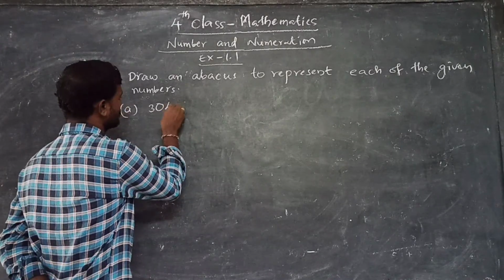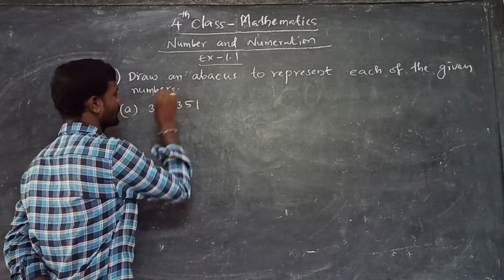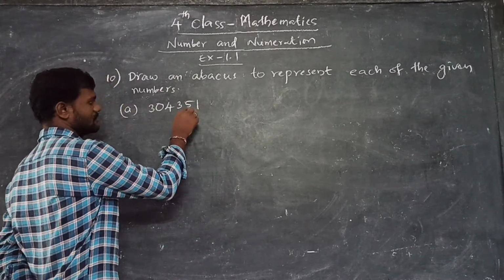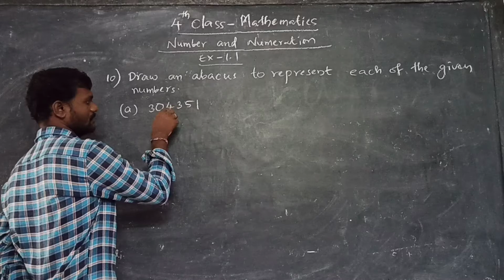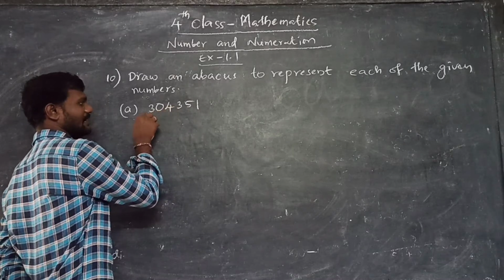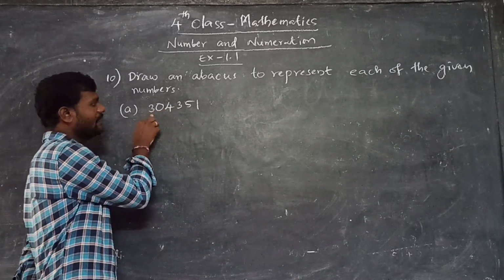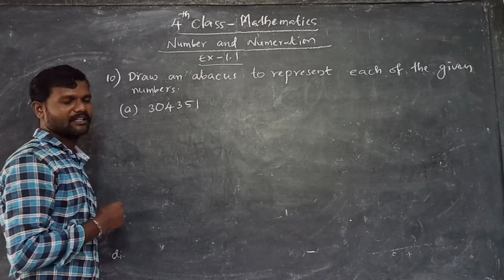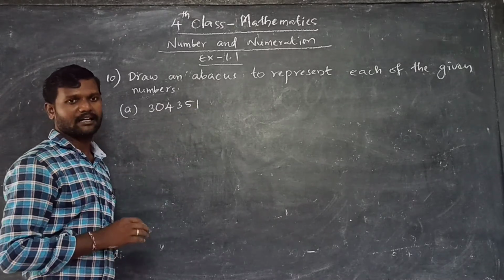304351. How can you read this number? Ones, tens, hundreds, thousands, 10,000s, and this is lakhs. So 3,04,351. This is the number given. Whatever the number given, how can we draw it on the abacus?